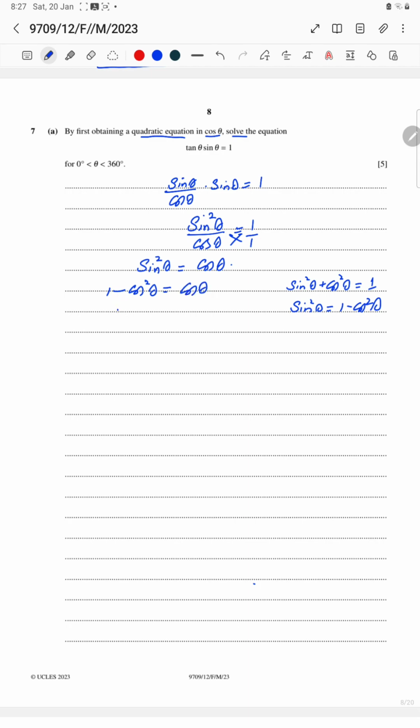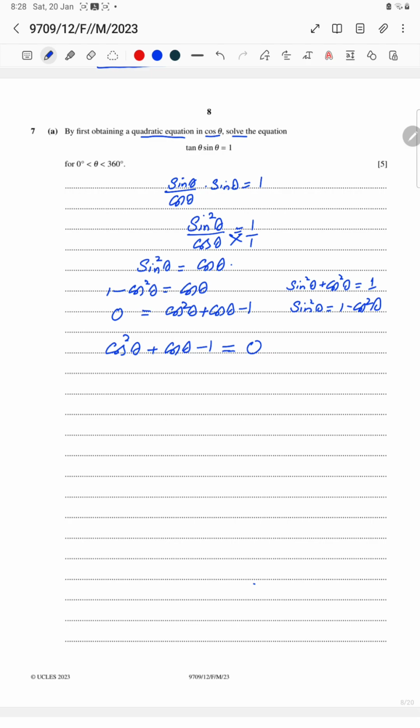So bring every term over there. On the right hand side we get cos square theta plus cos theta minus 1. So this is the first part of the question, that we have to convert the given function into this quadratic form.